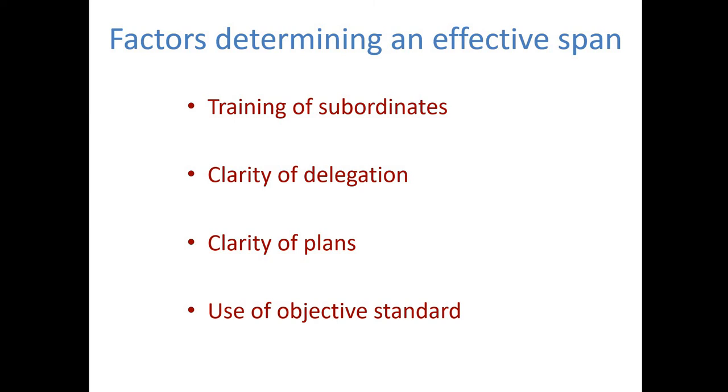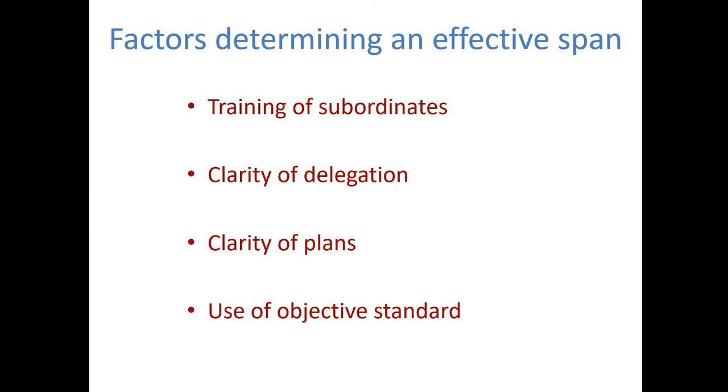Similarly, the subordinate also knows how his performance is going to be measured. And therefore, the subordinate will work accordingly. So if you have an objective standard, then you can have a wide span.